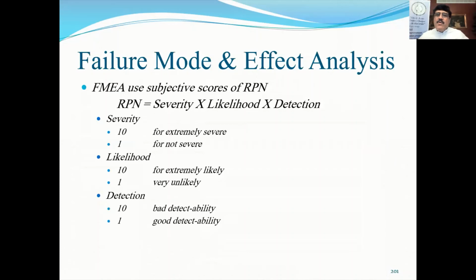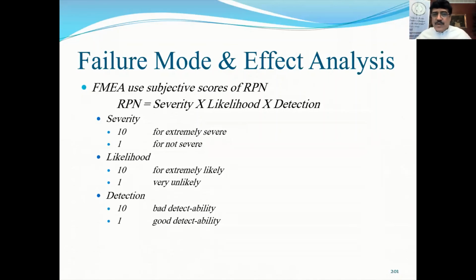Okay. Now another thing is the FMEA. You see it a lot, and it comes from reliability. FMEA is highly used in reliability more than in Six Sigma. FMEA stands for failure mode and effect analysis. Basically, you use subjective scores for the severity, the likelihood, and the detection.